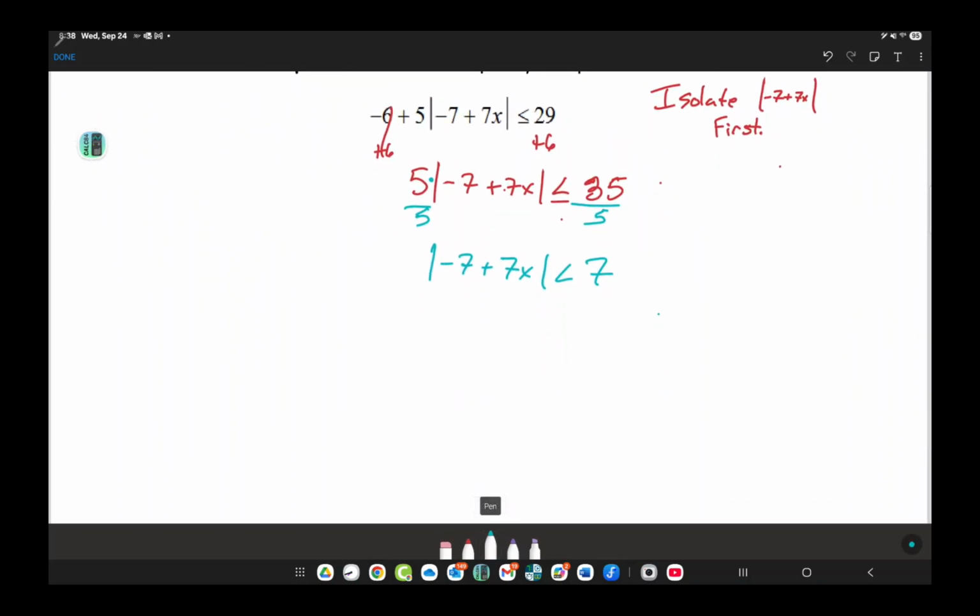Now that we have it isolated, we can do that little trick. We have negative 7, positive 7. And since we do have equal to, right? That's equal to negative 7, positive 7.